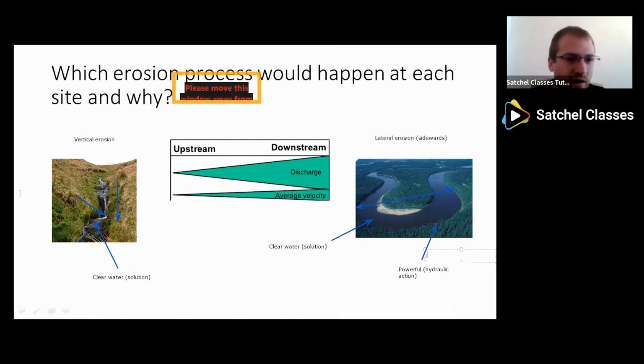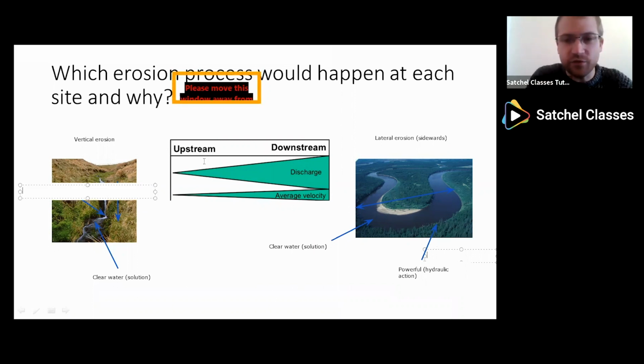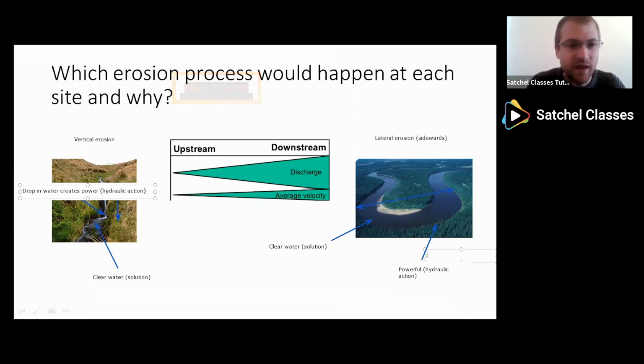If we look at the image on the left, we can see that there is a drop in water. So we could also argue that drop in water creates power, which could lead to hydraulic action happening there before our eyes, just at a much smaller scale.